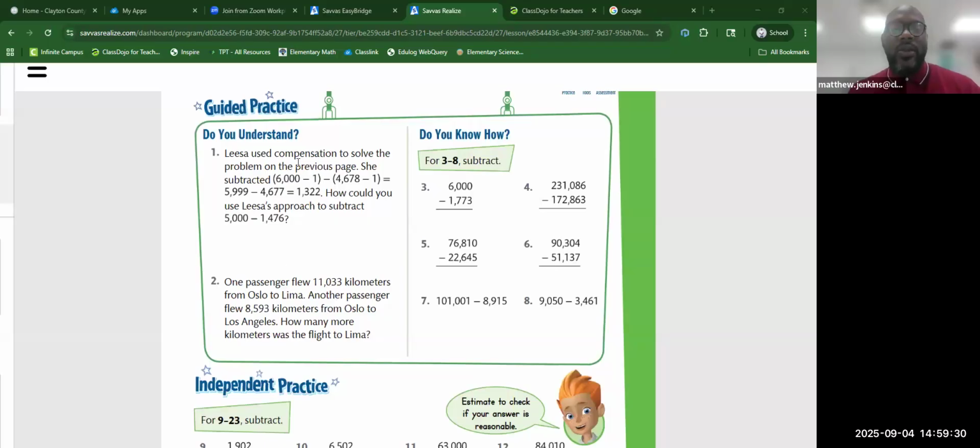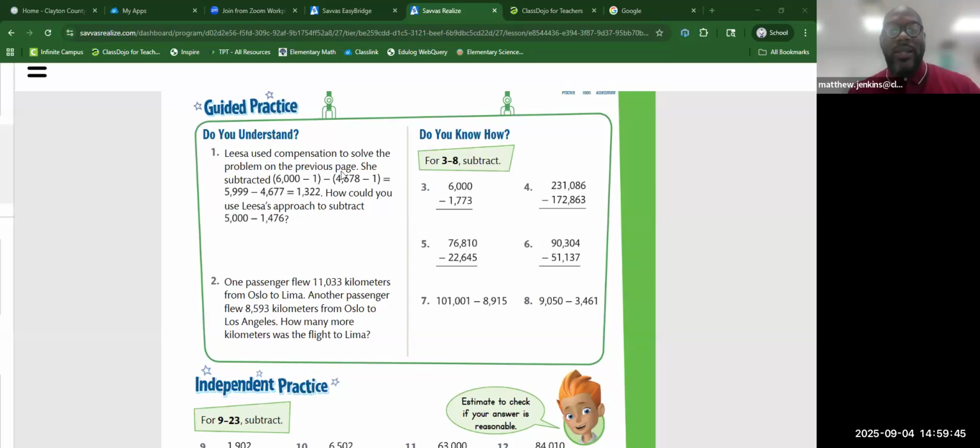Question 1 says Lisa used compensation to solve the problem on the previous page. The previous page is page 62, so they can refer back to page 62 to answer this question.